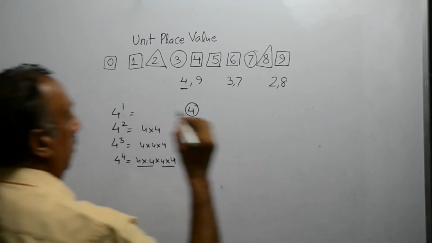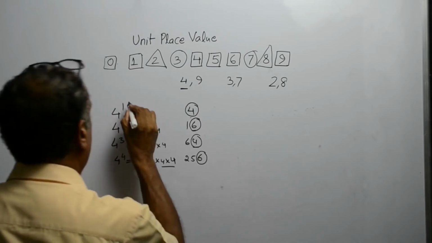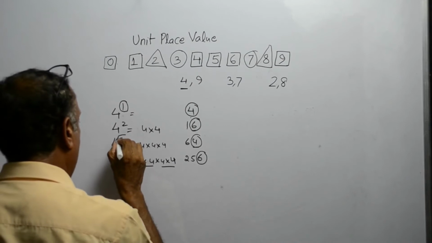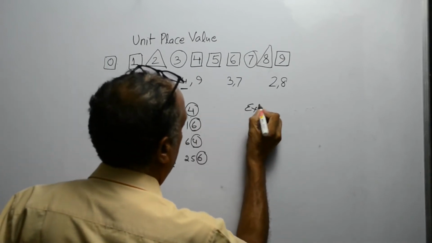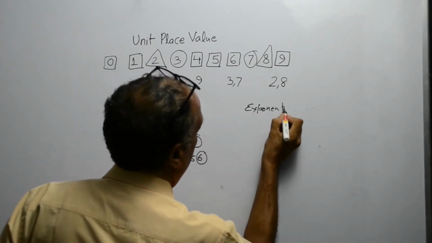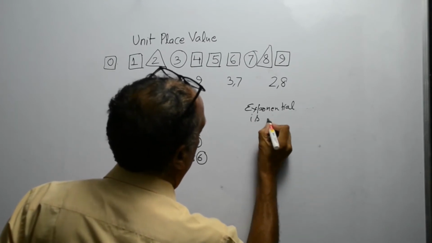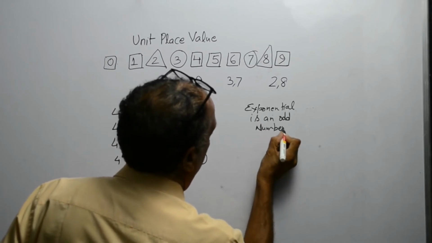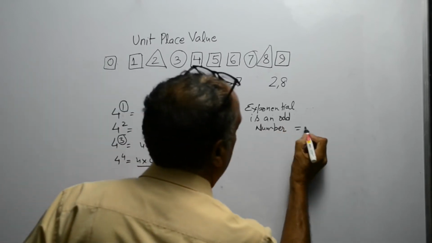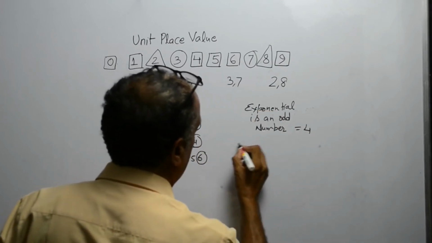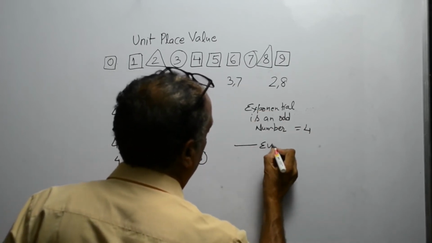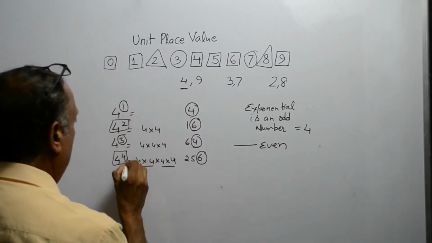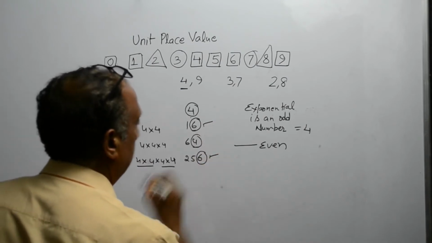So, when the exponential is an odd number, then we are getting 4 as the last digit. But when the exponential is an even number, we are getting 6 as the last digit.